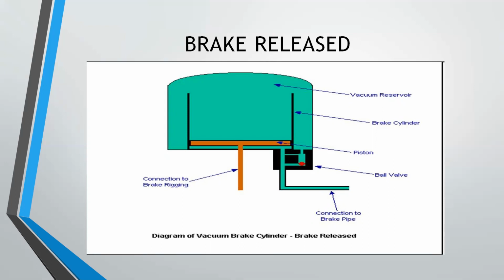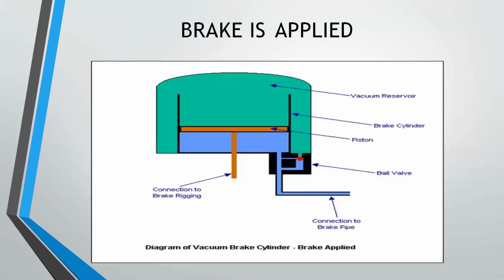To that piston we are connecting the brake rigging. The brake rigging pushes the brake shoes, which contact the wheels. Whenever we release the brake pedal, automatically the piston gets its normal position and it is disengaged from the vehicle wheels. Okay, it is the overall working of the vacuum braking system.